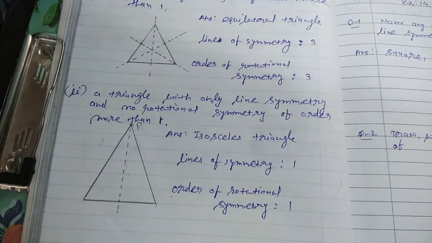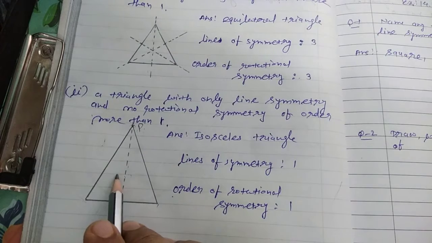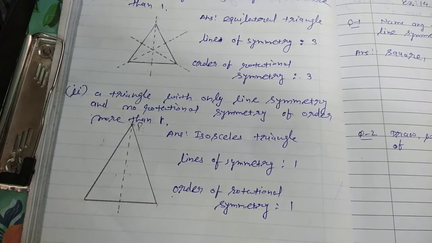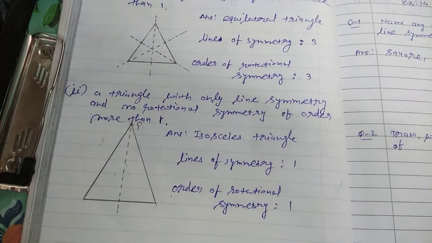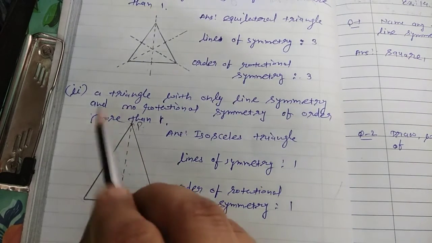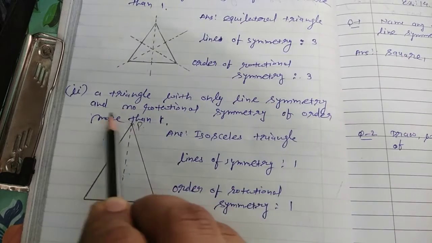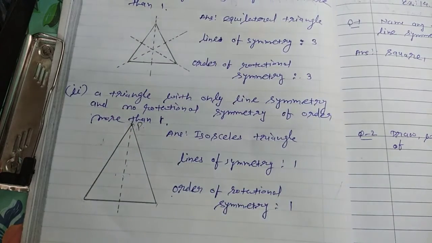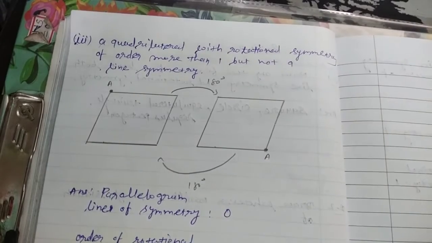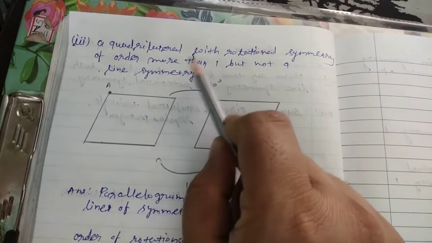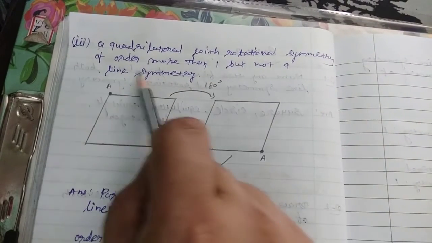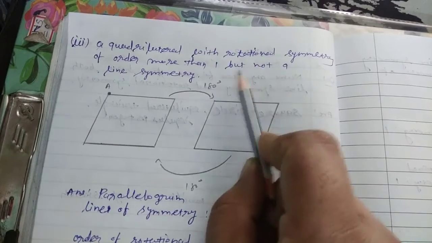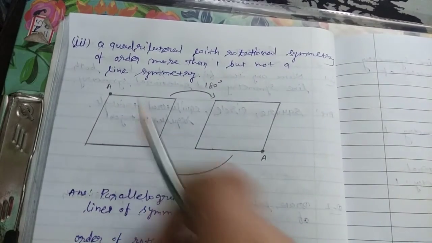That's why we can say that this isosceles triangle has a rotational symmetry of order 1, not more than 1. So therefore, a triangle with only line symmetry and no rotational symmetry of order more than 1 is an isosceles triangle.